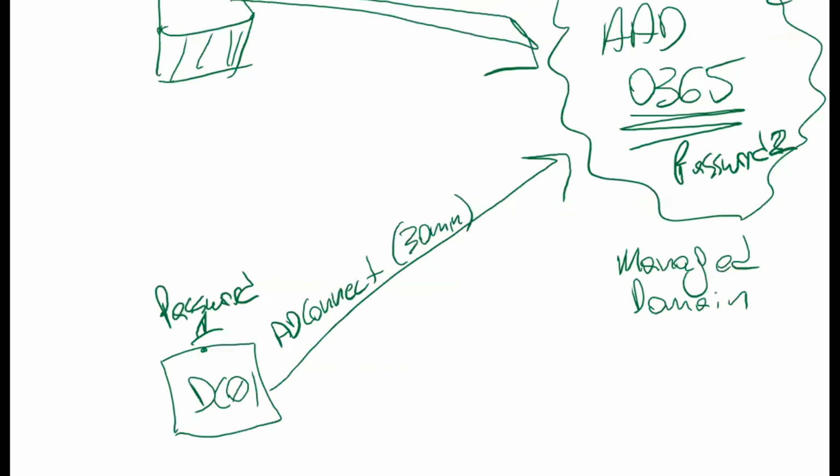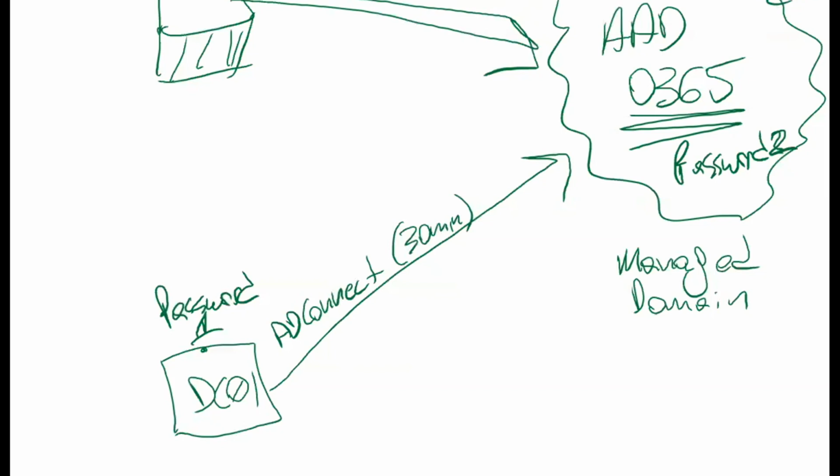The advantage of authenticating inside of the Azure AD environment is that you're not relying on the local infrastructure, which means if the local infrastructure is unavailable or you decide to decommission it one day, you don't need to rely on it. The disadvantages are you have a lag in synchronization and you don't necessarily have that single sign-on experience, right? So the advantages of one are the disadvantages of the other.